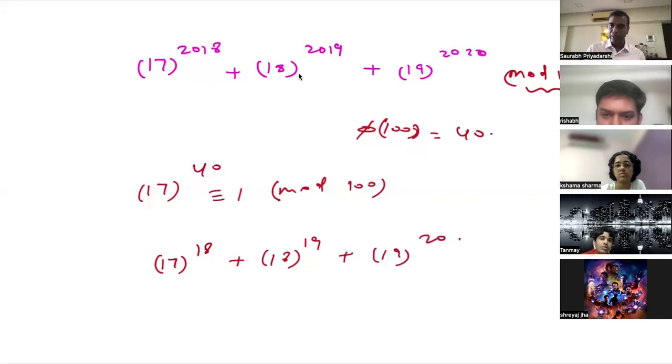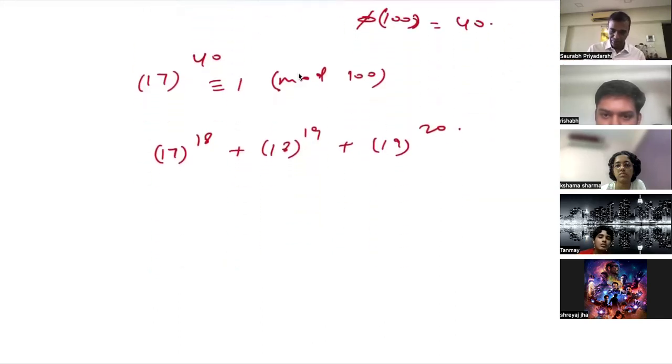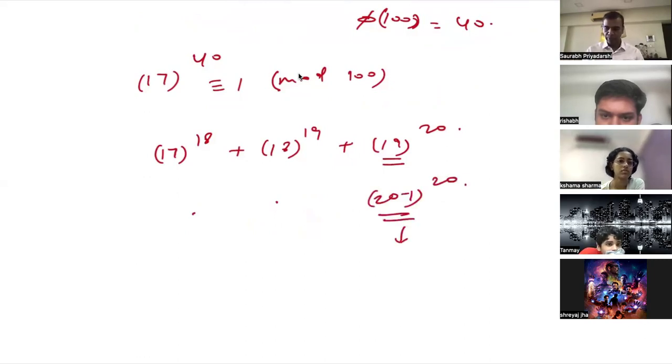Now you can apply something like 20 - 1 to the power 18 plus 20, or you can go with the binary one. This is 20 - 1 to the power 20. So always you will get 1 from this.